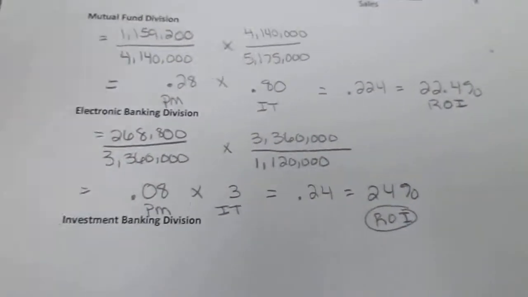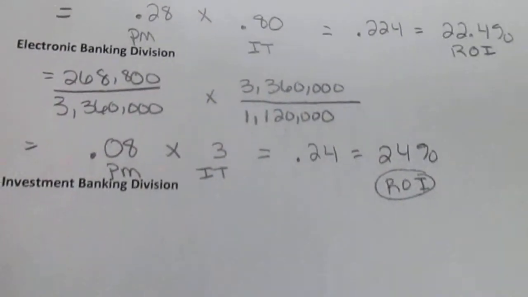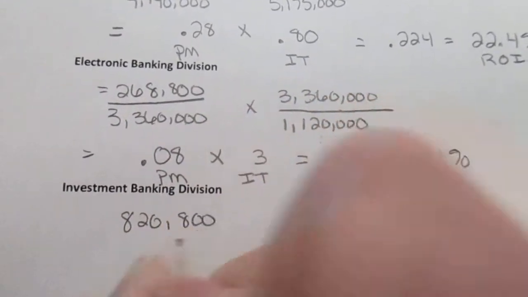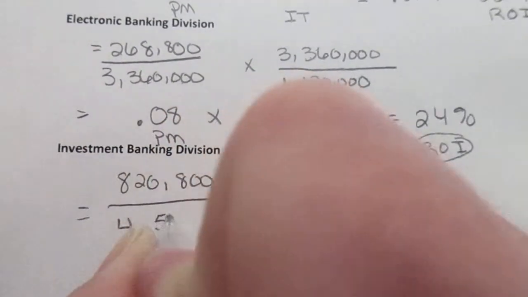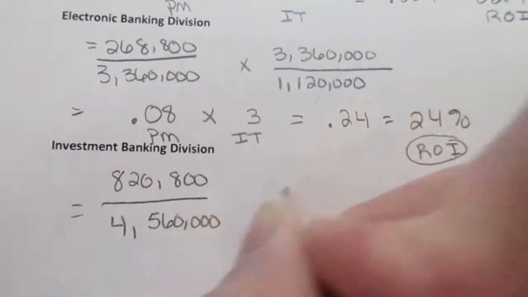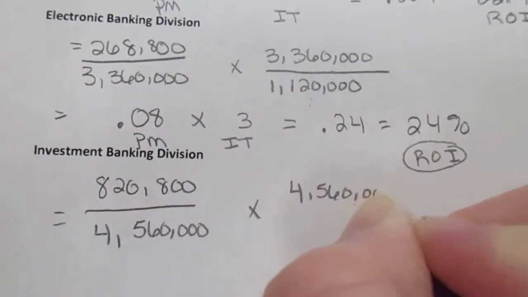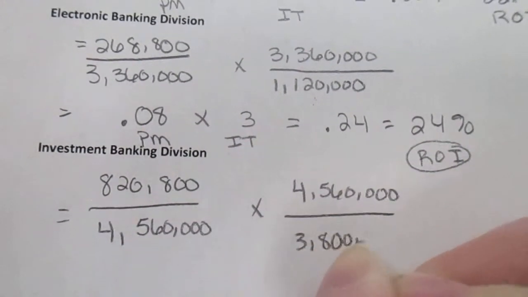Okay, and then our last one is our investment banking division. So this one's going to be 820,800 divided by 4,560,000 times 4,560,000 divided by 3,800,000.